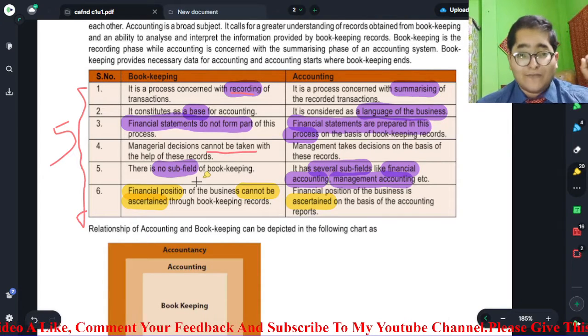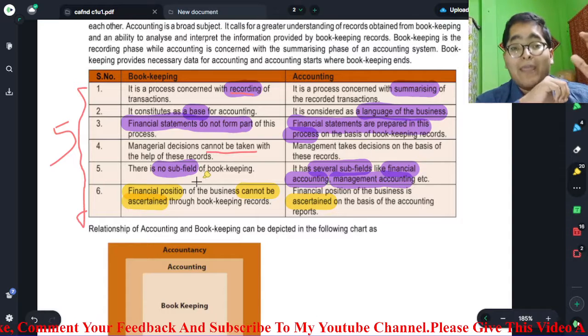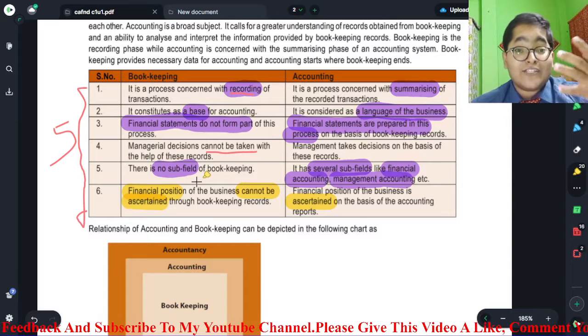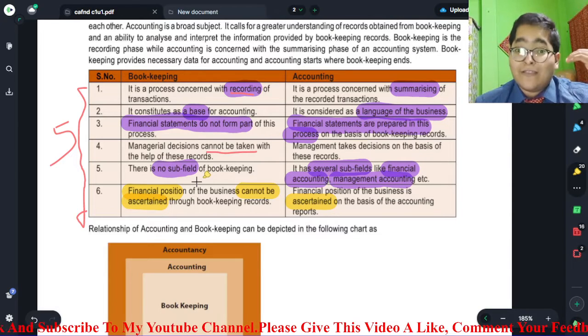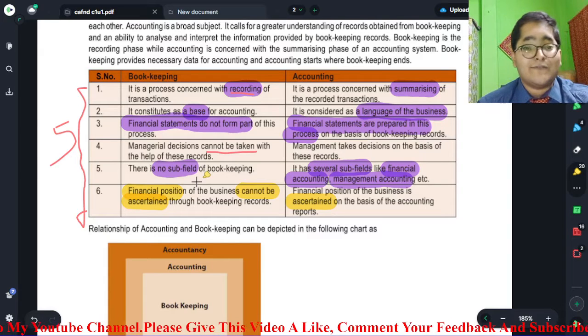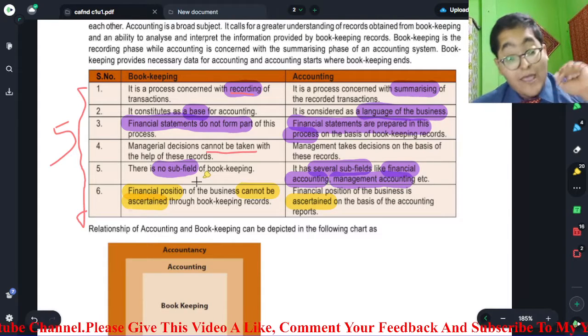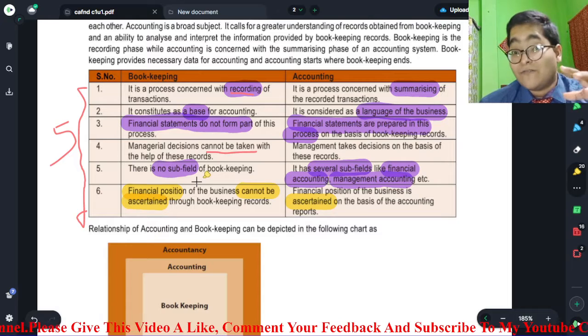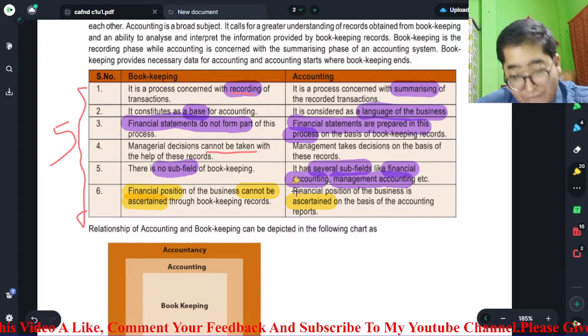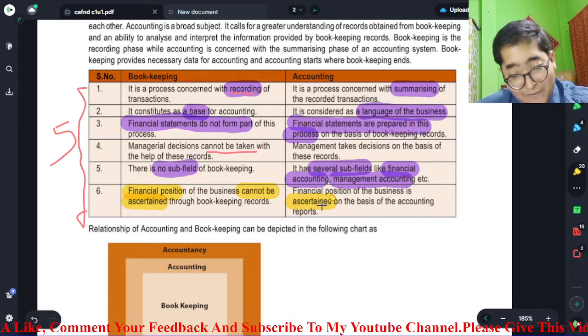Income of rupees 2000 is a financial effect on the business, but can the financial position of the business be ascertained? No. But through accounting, the financial position of the business can be ascertained.